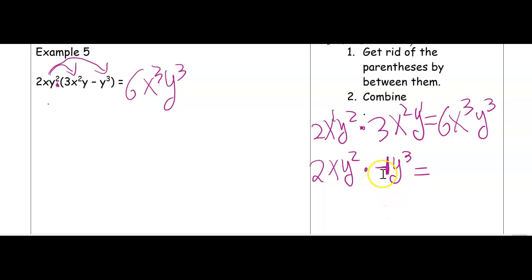If you have a negative sign, be careful, you need to do the multiplication. So 2 times negative 1 is negative 2. And x part: for the first term you have an x, for the second you don't have x, so nothing you can do with the x. Just copy it down. And for your y, y2 times y3, add up the power, is y5. And that's it. So minus 2x y5.